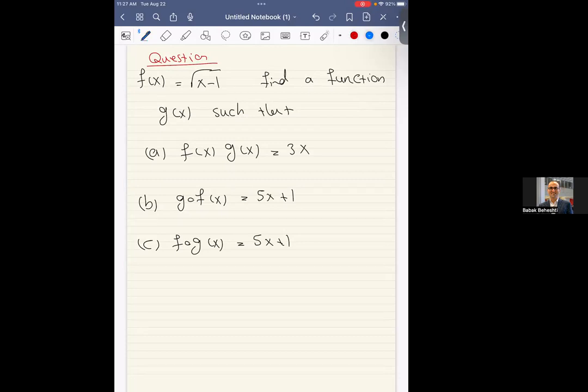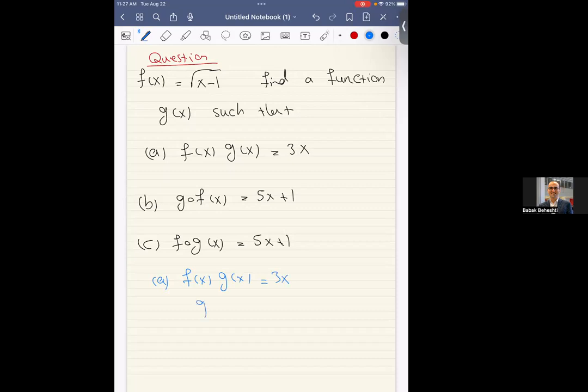So to do part A, it's easy because when you have f of x times g of x equal to 3x, that means g of x is just 3x over f of x, right? We have f of x times g of x equal to 3x.